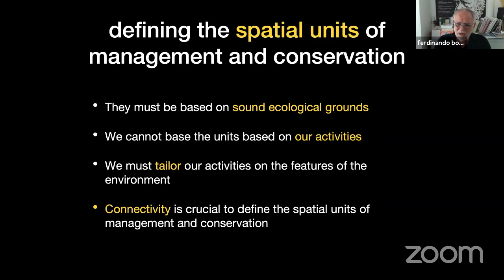We must tailor our activities on the futures of the environment. We cannot expect that the environment will respond to our needs, to our wishes. And a way to understand what are these units is to understand connectivity. Connectivity is crucial to define the spatial units of management and conservation.